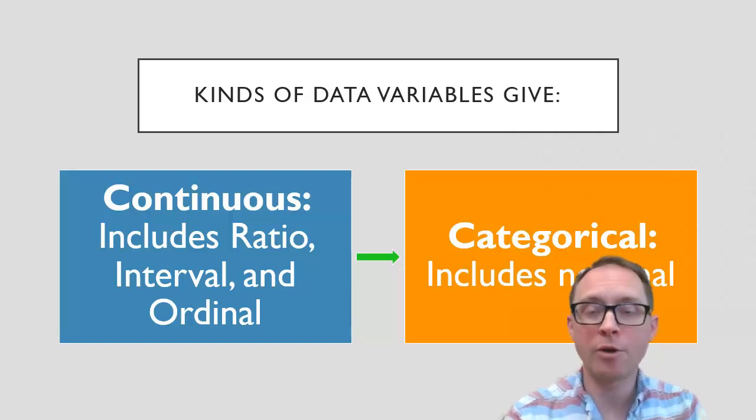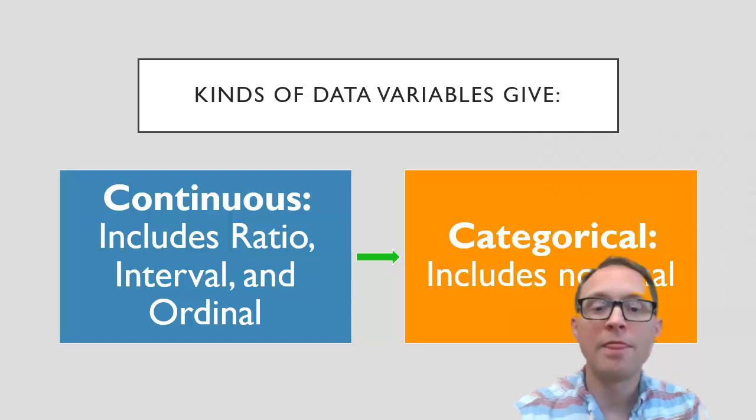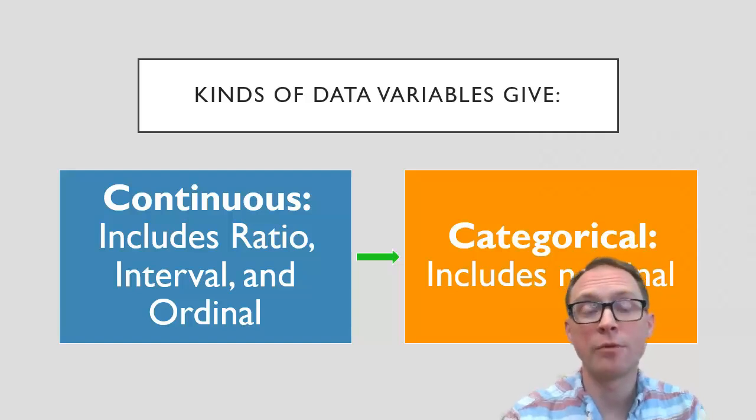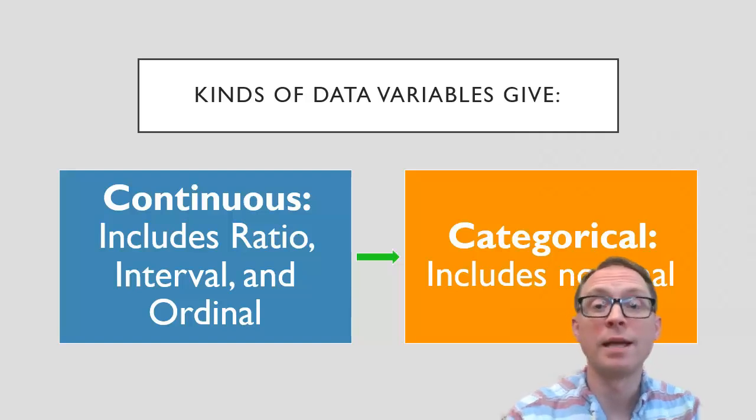So ratio, interval, and ordinal is continuous. Categorical is nominal. And that's how we're going to distinguish between what kind of statistics you can run with your data, because you need to know whether or not things are categorical or continuous. If you don't know that, then you're going to get garbage out of your data. So make sure that you can distinguish between categorical and continuous data.